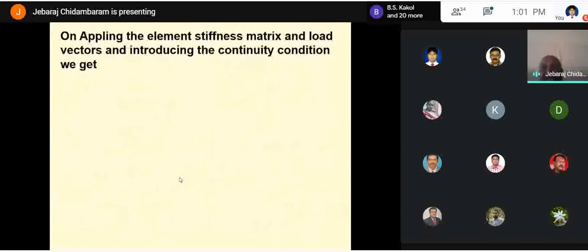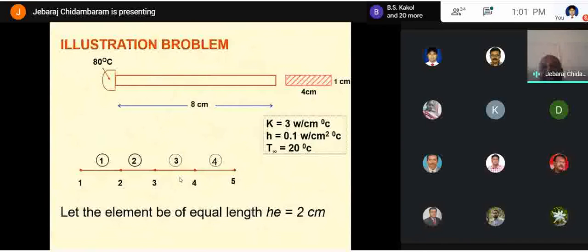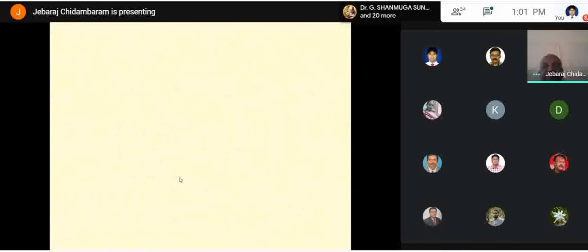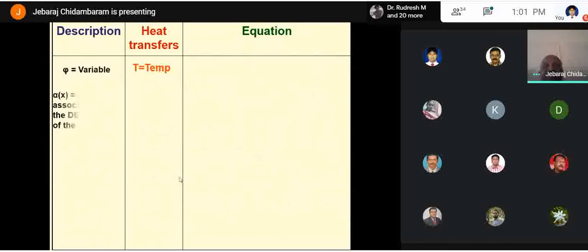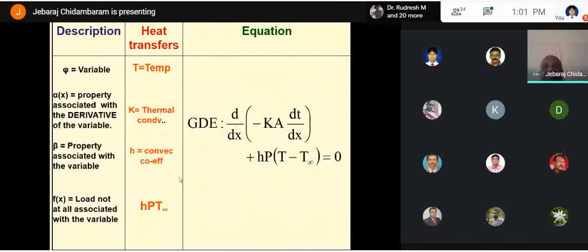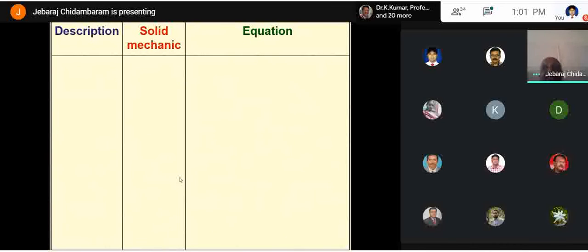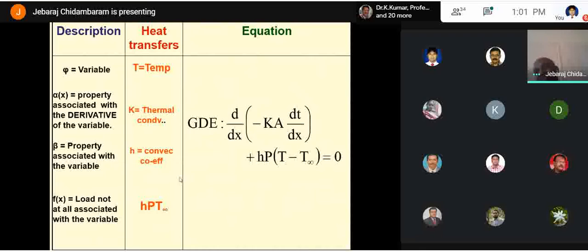I think I'll come to my last slide and conclude. This heat transfer our man will take. So this is heat transfer. I just want you to have a look at the governing equation.